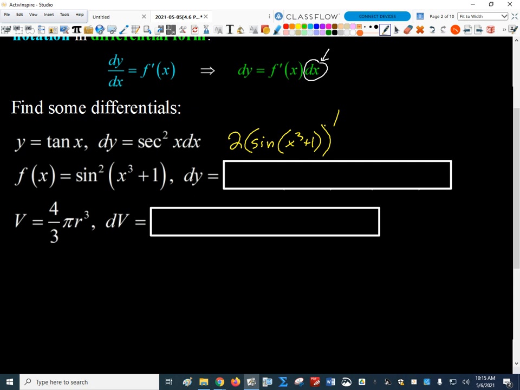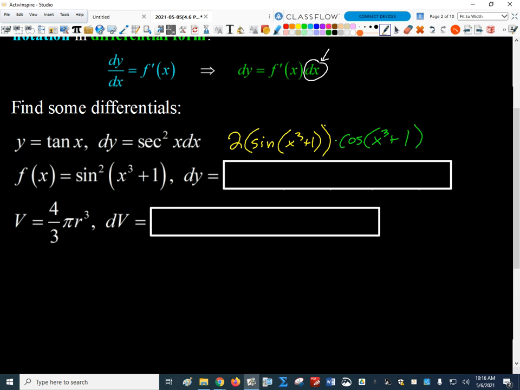What's the next link in the chain going to be? Once we've taken care of the squared, what's the next function we encounter when we move one layer inward? Sine. Okay, the derivative of sine of the input is cosine of the input, times cosine of x cubed plus 1. Then we've got the innermost layer.